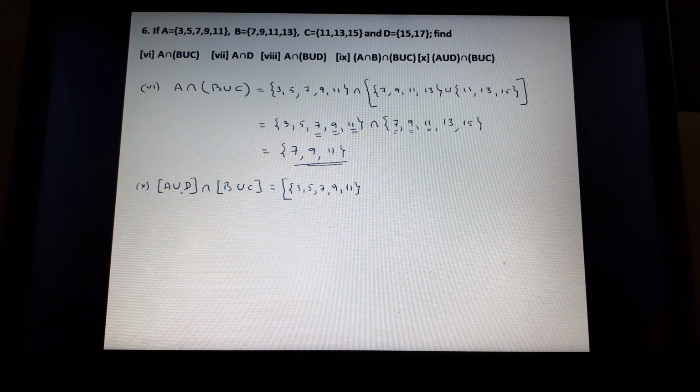Then union D means here 15, 17, so 15 and 17, so this is D.